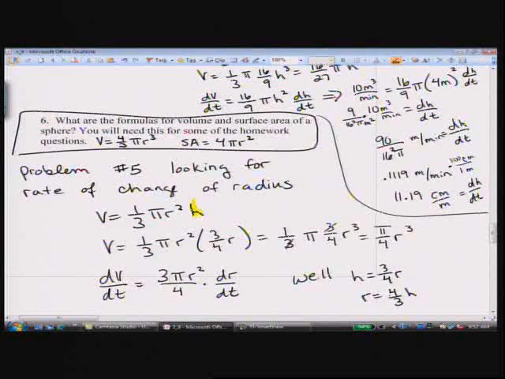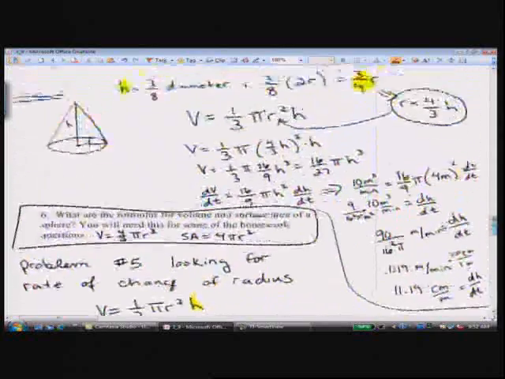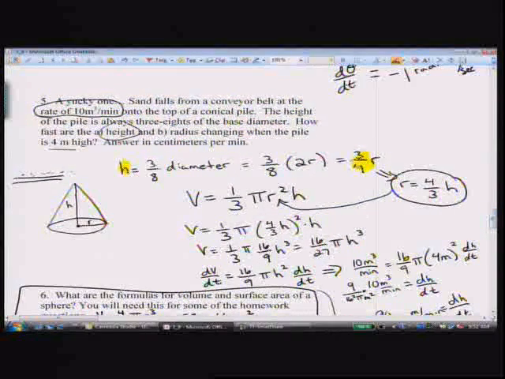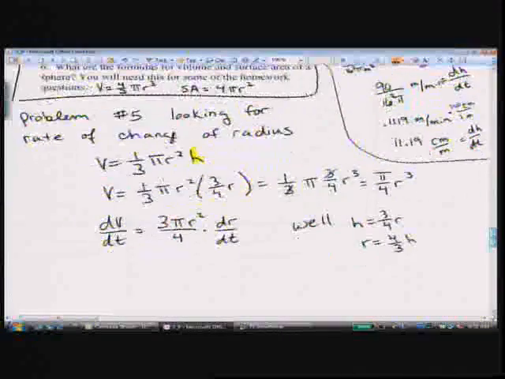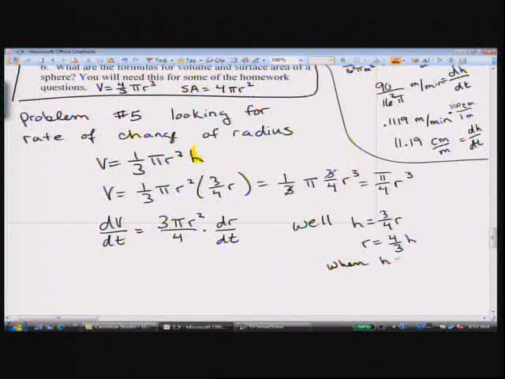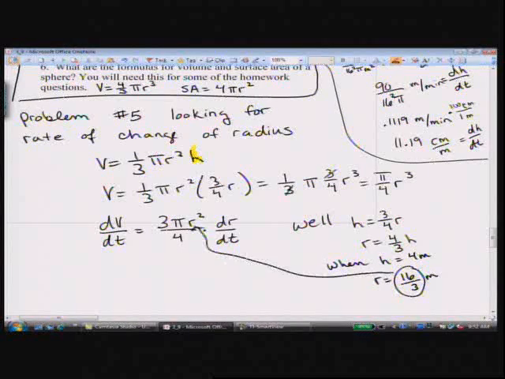And so at the moment that h is 4 meters, because that was what you were told, 4 meters high, we can figure out what r is. When h equals 4 meters, r will equal 16/3 of a meter. So I just plug that in there. Okay? So now I can put that in right there.